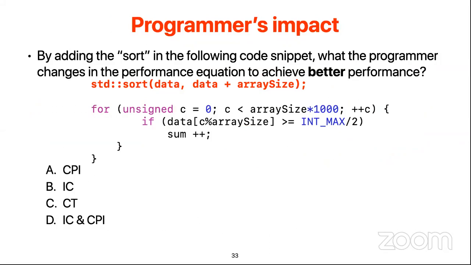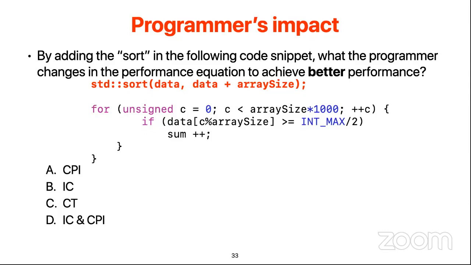So another factor that we mentioned in the class is that the programmer is the most important factor in affecting computer system performance. We have seen this demo many times.